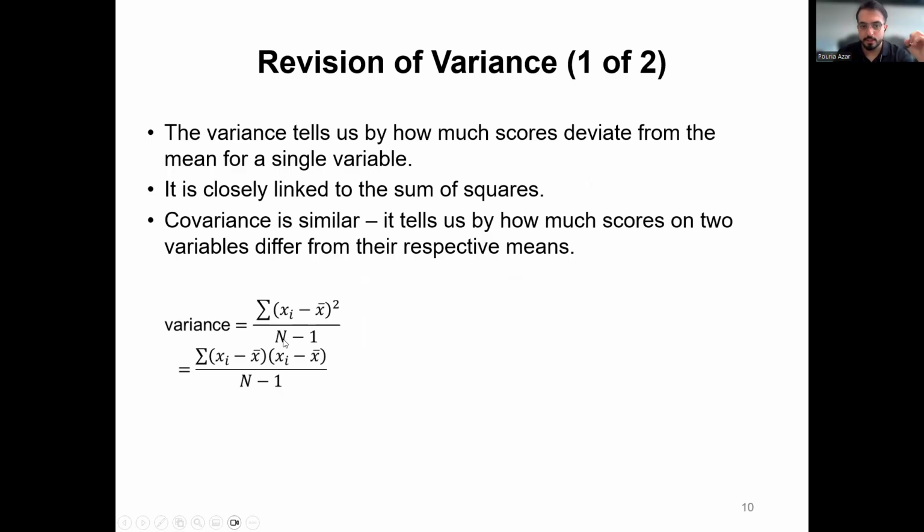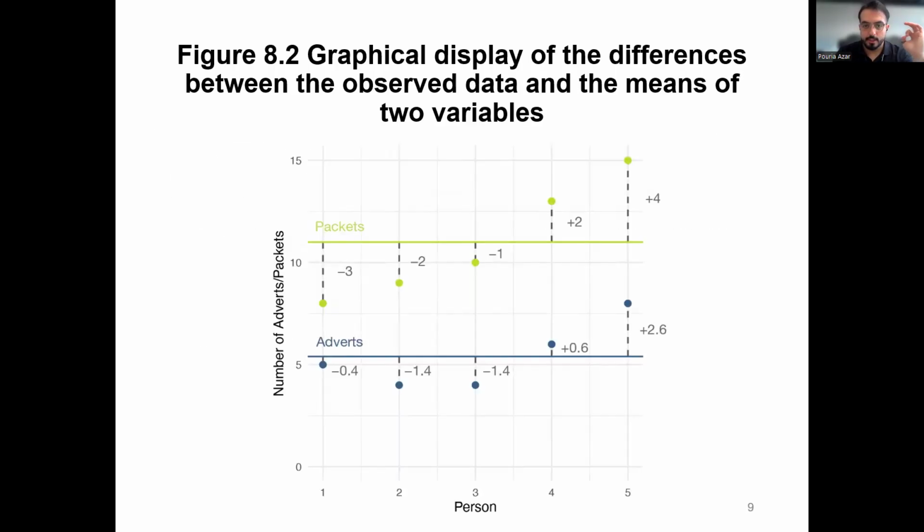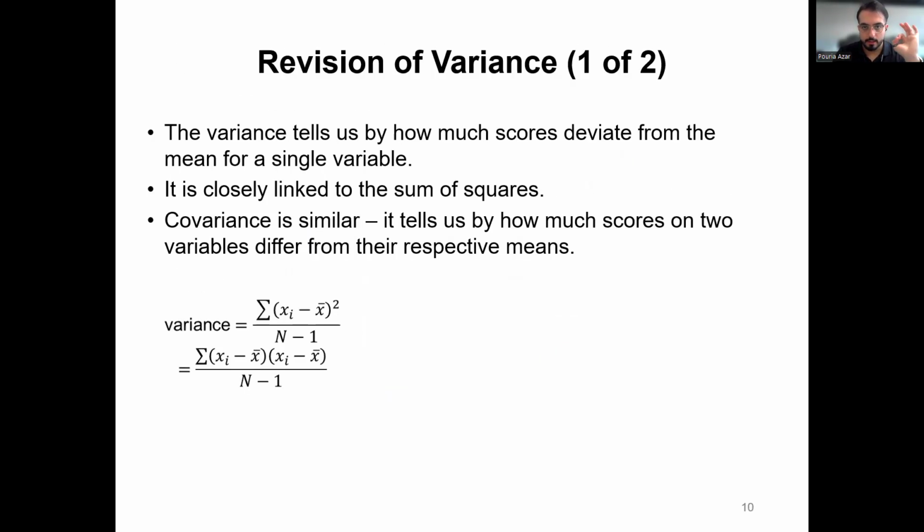We can measure variance for each variable in this table by plugging in the scores we have for each variable. Then we sum the difference between each score and the mean of that variable, square it, and divide by sample size minus 1.